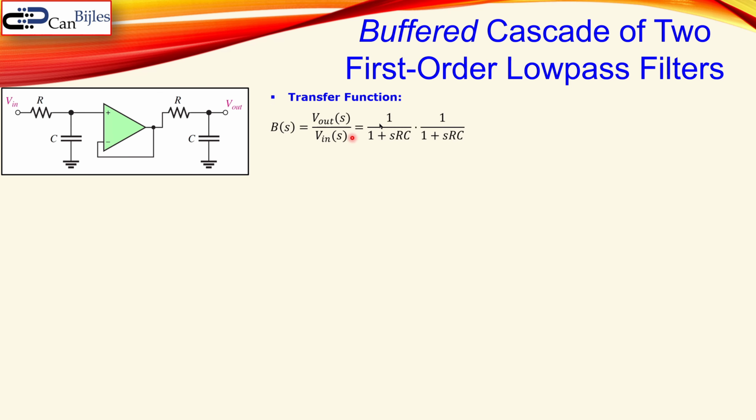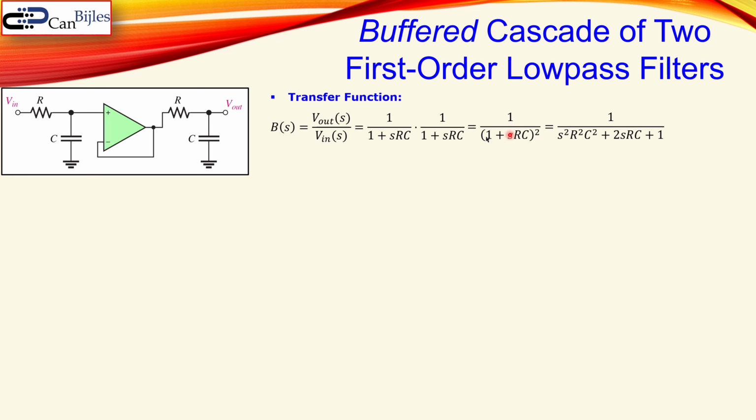Again, V out over V in. I see now here 1 over 1 plus SRC, which is the transfer function of the first part, times, again, the same thing. Because we cascade, we can multiply that easily, and since that is isolated, I can do that here. It is also written like so. So we can square the denominators, and of course it's 1 times 1, which is effectively again 1.